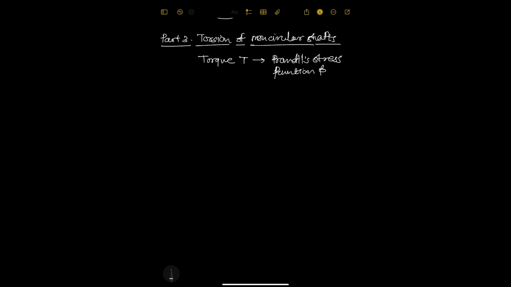In previous lectures we have seen that tau xz is equal to dou phi by dou y and tau yz is equal to negative dou phi by dou x. So this phi is Prandtl's stress function.